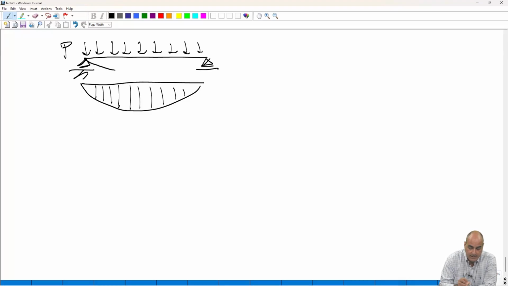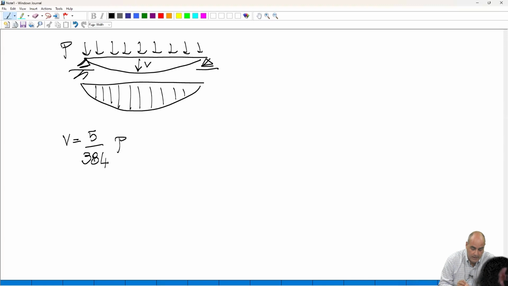And I also know that this structure deforms in this way, and I have a maximum deflection. Well, let's call it V because we have called it delta in another way. V is equal to 5 over 384 PL to the 4th divided by EJ.